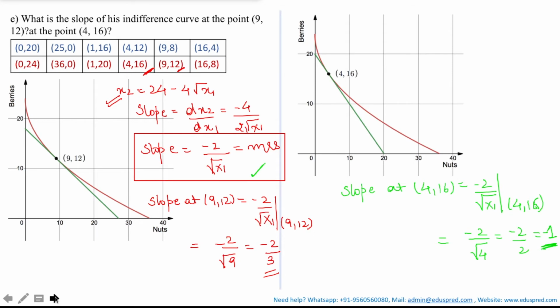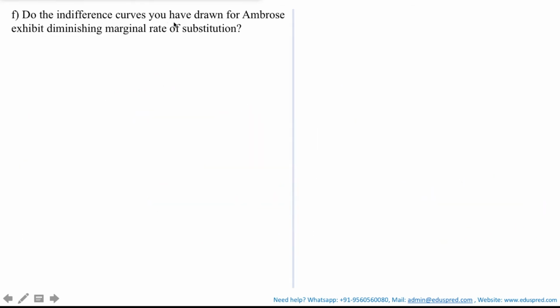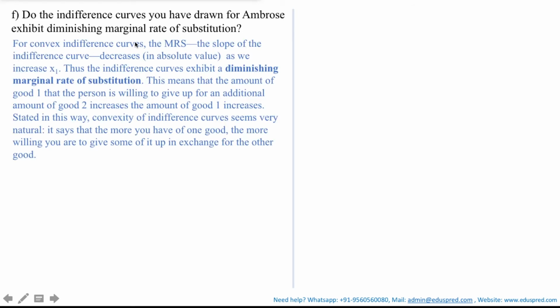Now moving on to the next part, it says, do the indifference curves you have drawn for Ambrose exhibit diminishing marginal rate of substitution? Let's learn what we mean by exhibiting diminishing marginal rate of substitution. For a convex indifference curve, the MRS, or the marginal rate of substitution, the slope of the indifference curve, decreases in absolute value as we increase x1.